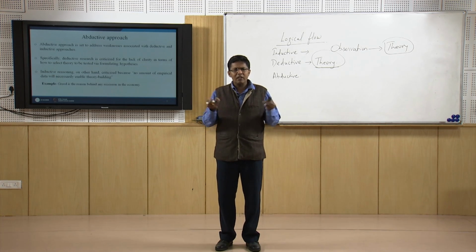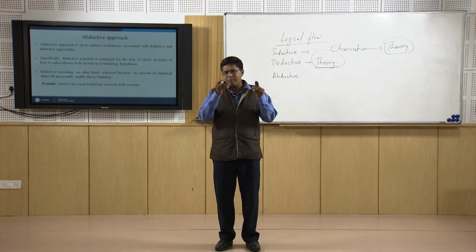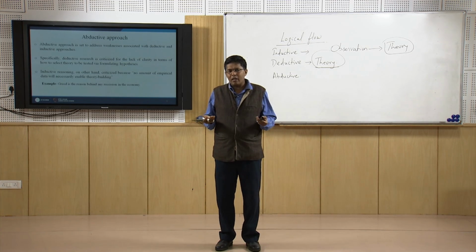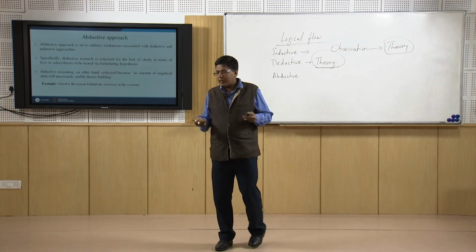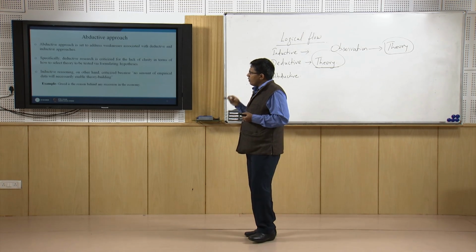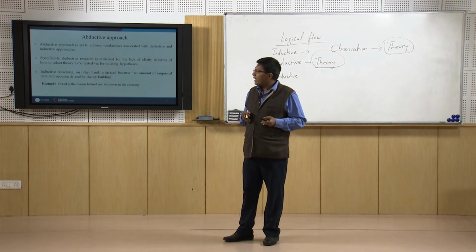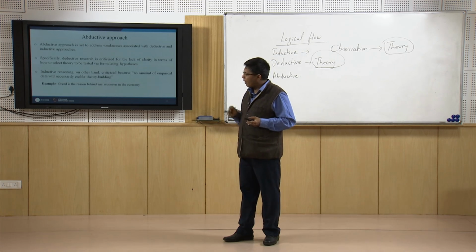You are just collecting data without understanding, and at the end you might not be able to generate a theory out of it, because a theory will be established only when there is a pattern. If the pattern is not established, how will we generate a theory out of it? That is where comes the requirement of abductive reasoning.